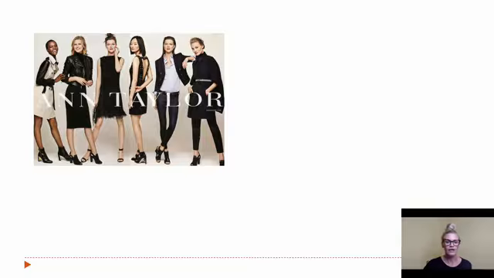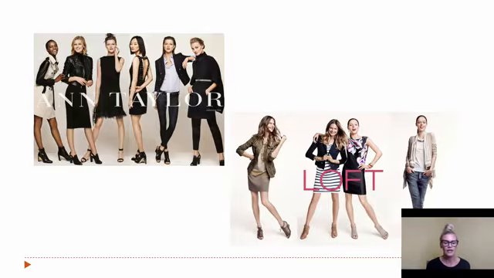So if we think about Ann Taylor and Loft, they are both owned by the same parent company, but Ann Taylor is a bit higher end, so targeted towards more successful, affluent, fashion-conscious type of women, whereas Loft stores were targeted more towards value-conscious women who wanted clothes that fit in both a casual lifestyle and a home work environment.